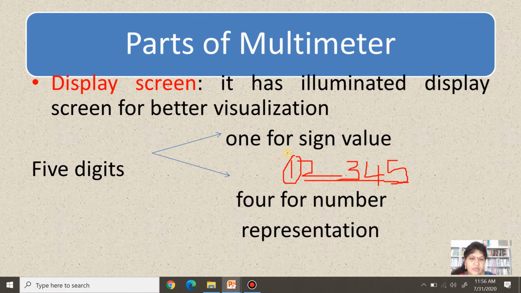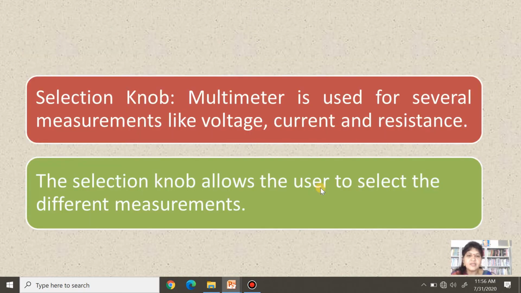The first is purely for the sign value. It will explain whether the output value is in the positive direction or negative. And these digits 2, 3, 4, 5 will vary. Each digit can contain 0 to 9, like 0, 1, 2, 3, 4, 5, 6, 7, 8, 9. Okay, next part is the selection knob.